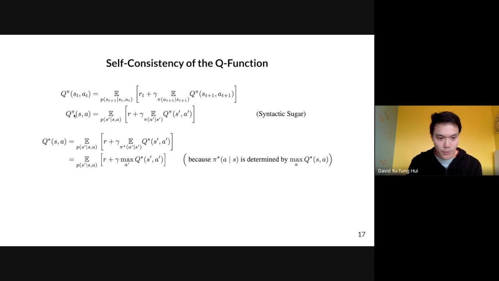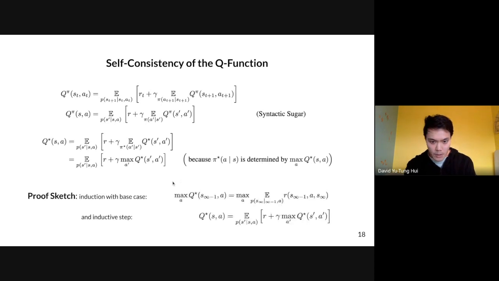It can also hold for the optimal policy, which we call pi star, in which case we can rewrite the Q function as Q star, the optimal Q function. And when we have the optimal policy, we can rewrite this expectation by taking the maximum over A of the optimal Q function at the next time step. That's because of a nice mathematical property of the optimal policy that I won't have time to go into proving now.